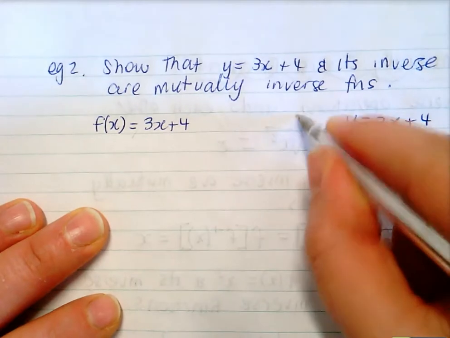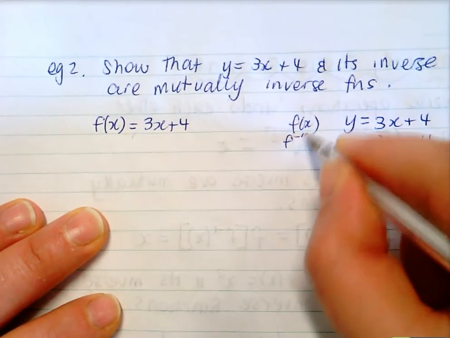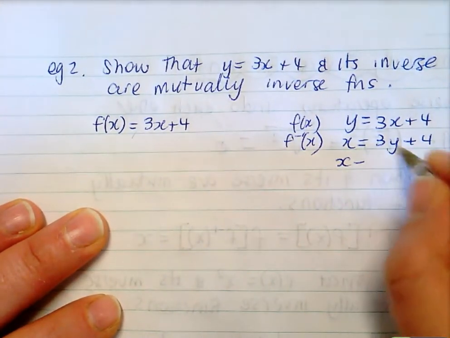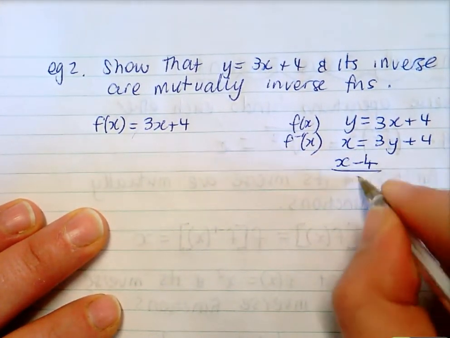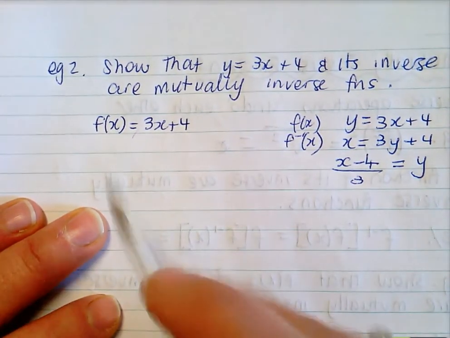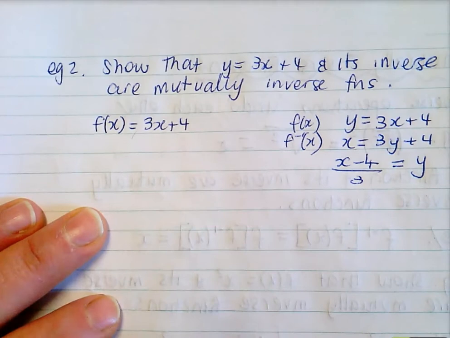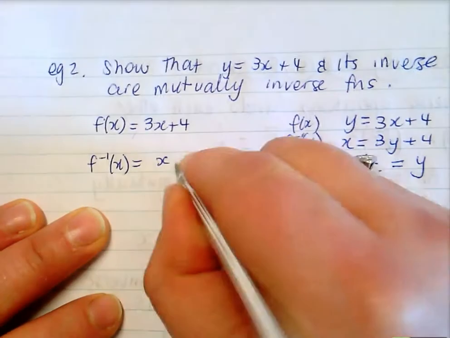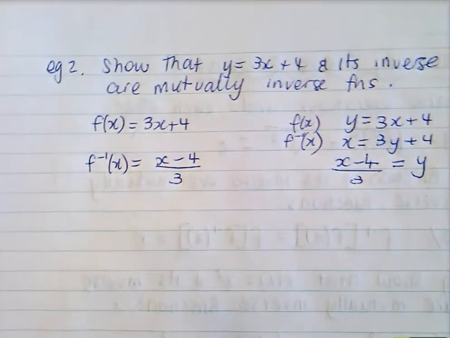So that's your function. What we were doing for homework yesterday, that's the inverse, swapping x's and y's and making y the subject. So x minus 4 over 3 is your inverse. So function of x is 3x plus 4. The inverse function is x minus 4 divided by 3.